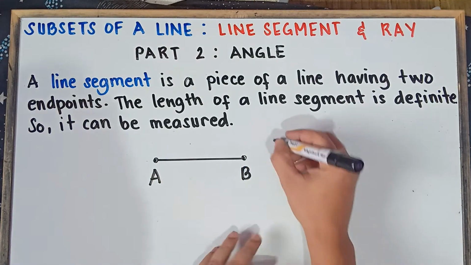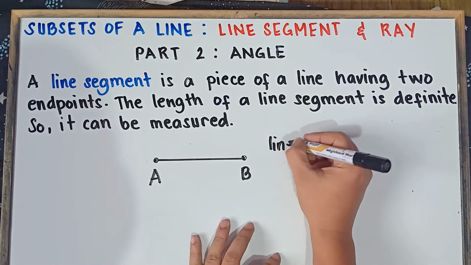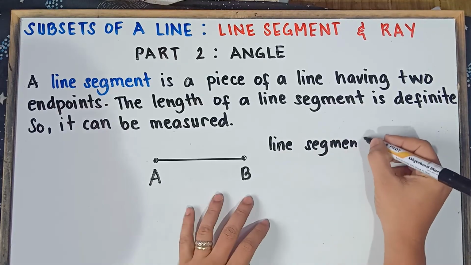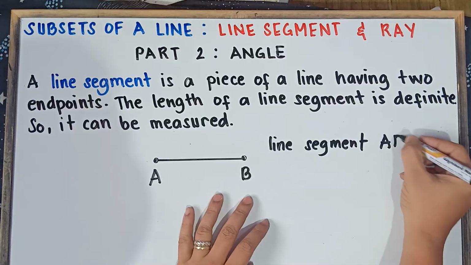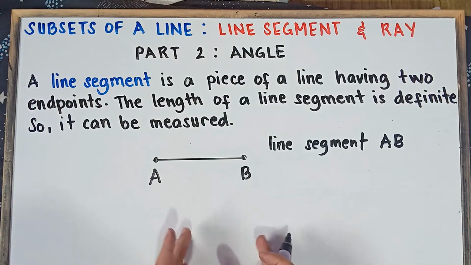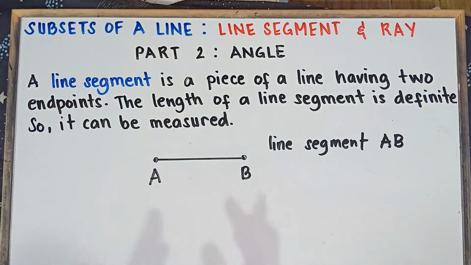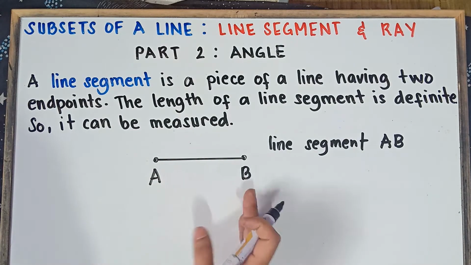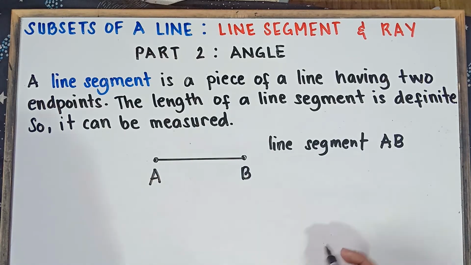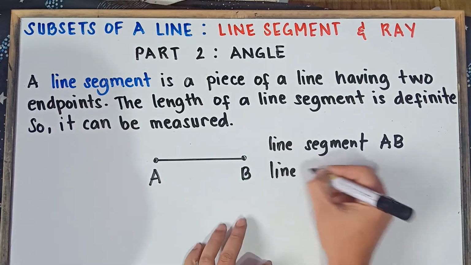We can name this with the words line segment itself, and then simply copy A and B. So, that would be line segment AB. Now, remember this, class: line segment AB is just the same as line segment BA. So therefore, we can also read this as line segment BA.